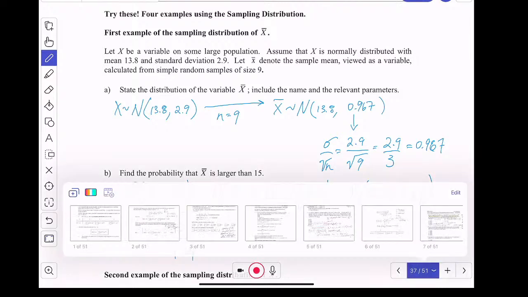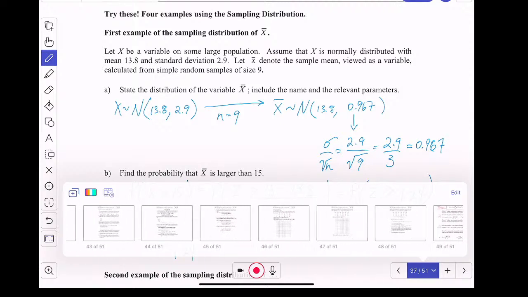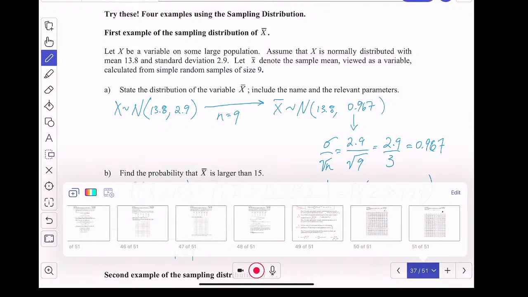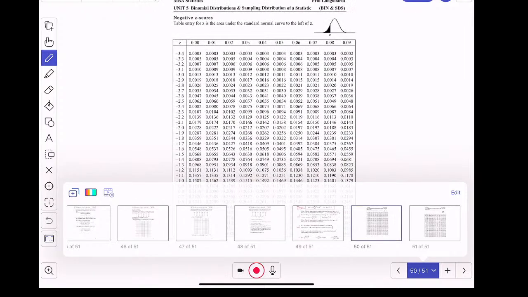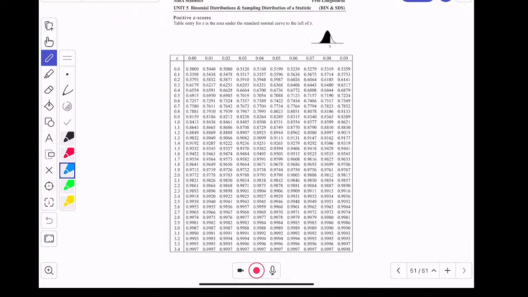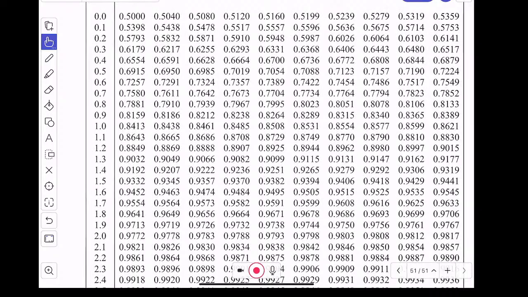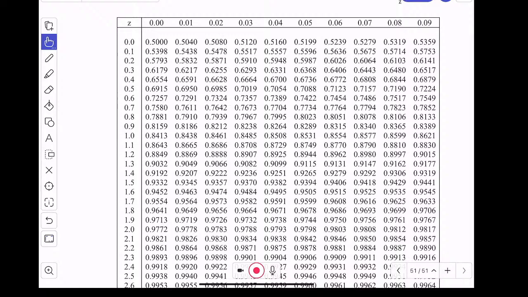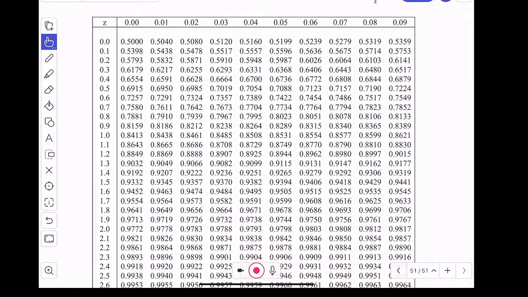So looking that up on the positive table, if I go to 1.24, it's going to give me the left side, right? So 1.24 is this here. 0.8925.